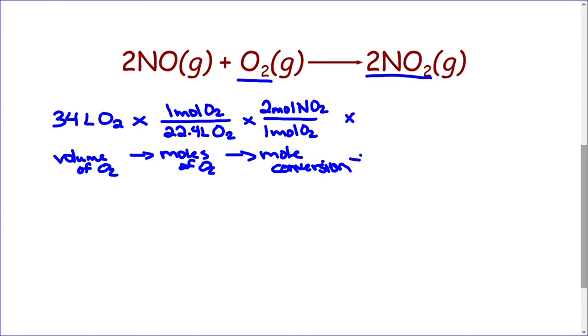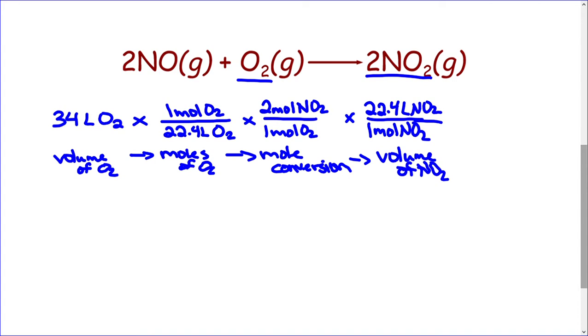That's going to bring me into moles of NO2, and then from there, once I'm in moles of NO2, now I need to get to volume of NO2, because that's what the question is asking to get to, volume. So, in order to get from moles of NO2 into volume of NO2, that's where we know that 1 mole of anything, 1 mole of NO2, is going to give me 22.4 liters of NO2.